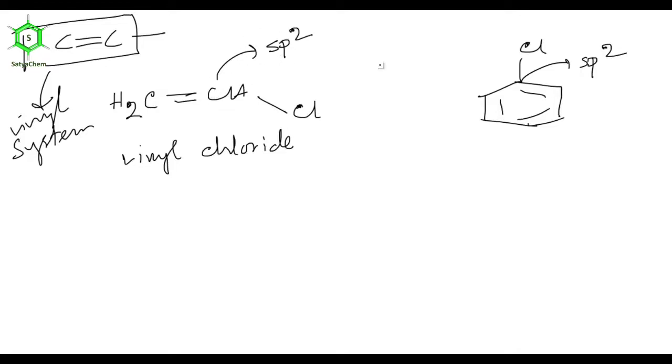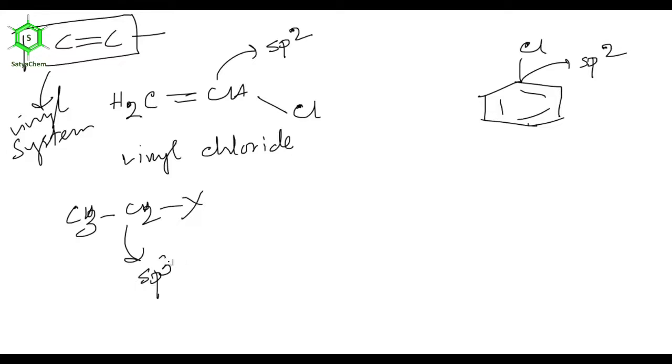This carbon is sp2 hybridized, and this carbon is also sp2 hybridized. But in case of alkyl halides, like CH3CH2X, it is sp3 hybridized.